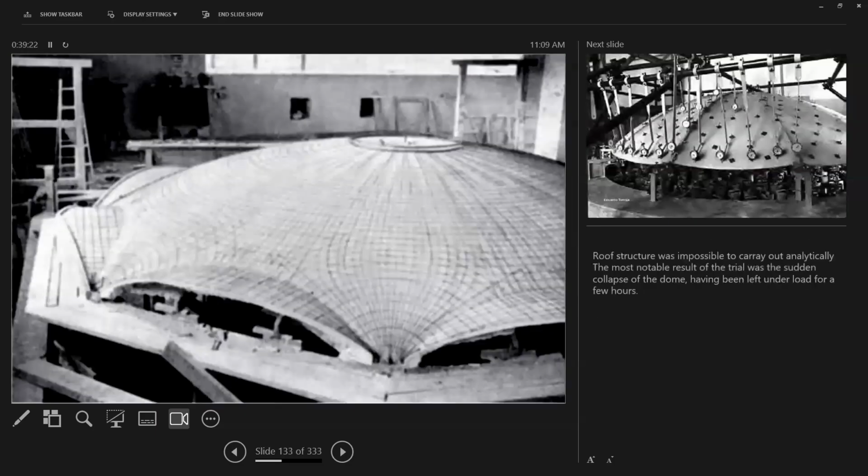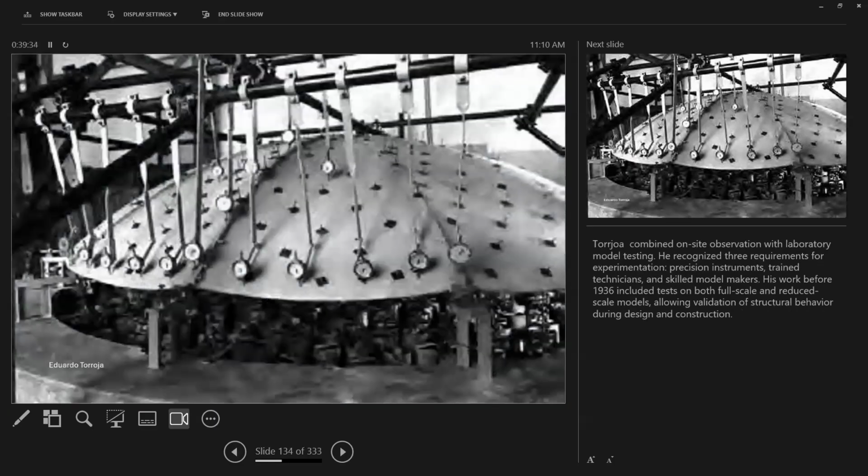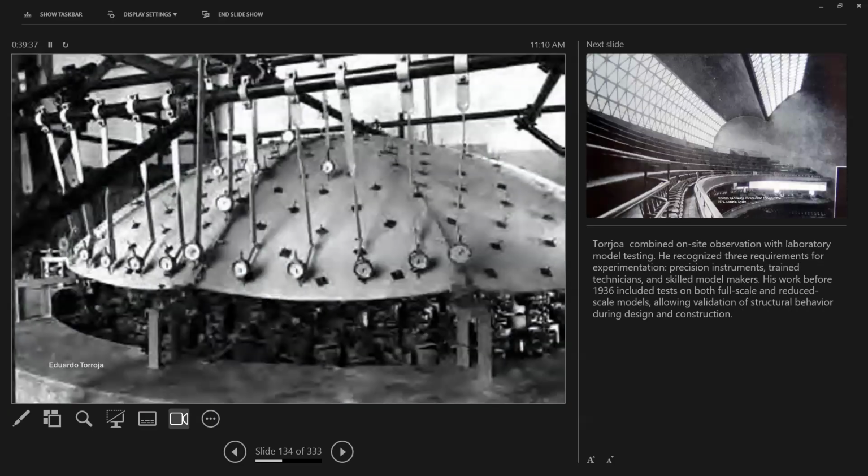He was building these vaults and domes, and it was impossible to carry out the analysis of these structures analytically. So they would build models and weight them with all of these gauges on them and see whether they are distorted.